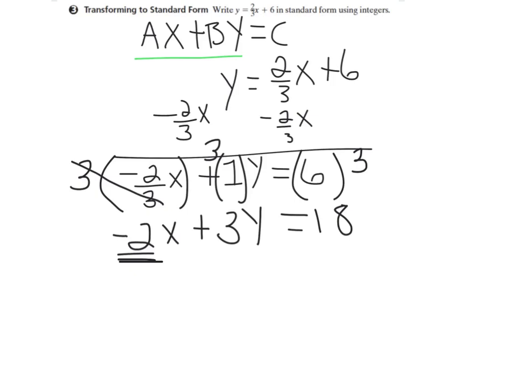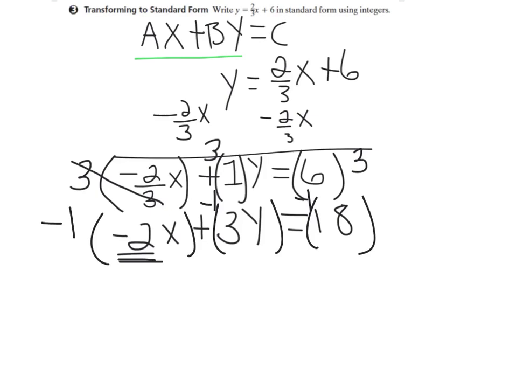And again, all we're going to do is multiply everything by negative 1. Okay, so we're going to multiply everything by negative 1, and our properties of equality tell us that as long as we're multiplying everything in the equation by that negative 1, we're not changing the equation at all or the values. We're just making it look a little different, okay?